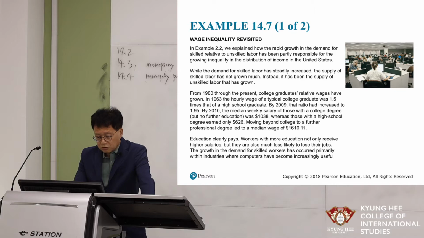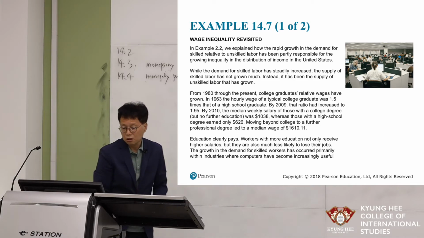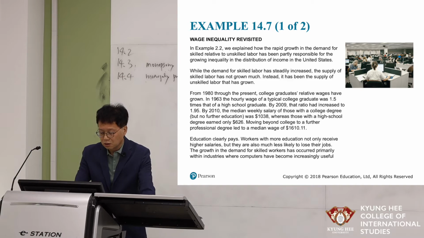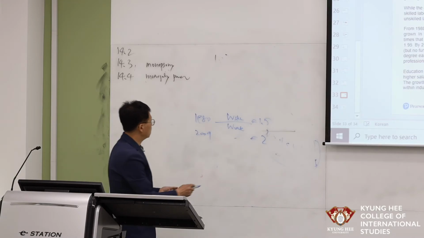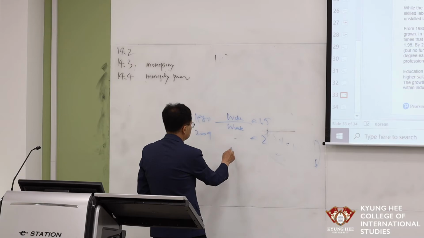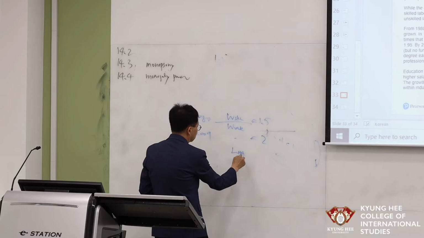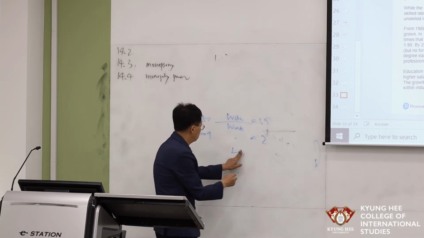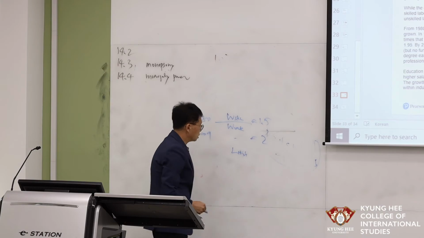By 2010, the median weekly salary of those with a college degree but no further education was higher than $1,000, whereas those with a high school degree earned only $626. Moving beyond college to a further professional degree, right? So what happened to average salaries for workers with high school or less than high school?